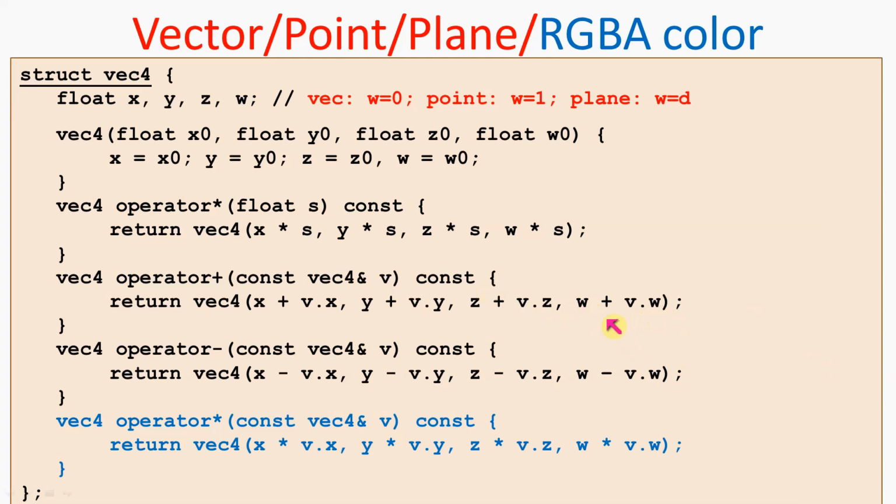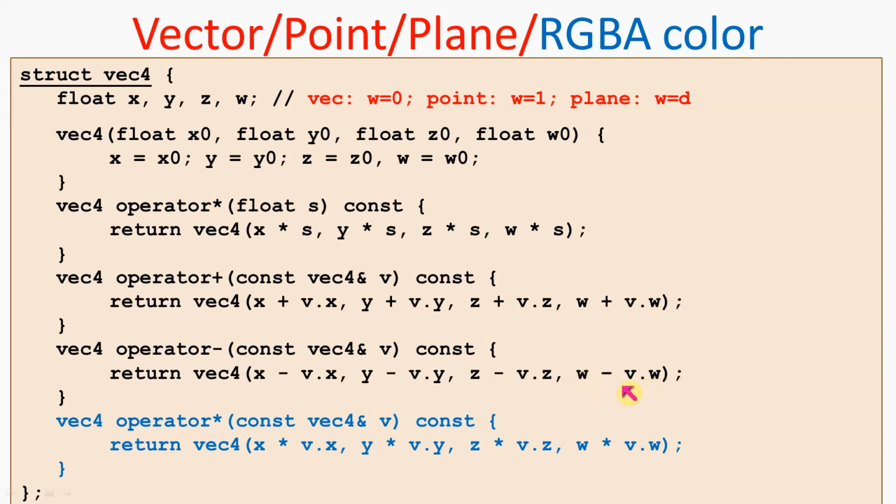When we add a point and a vector, which means the translation of the point by the vector, then the point's w coordinate is 1 and the vector's w coordinate is 0. So in the result we have a 1 value in the w coordinate, which means that the result is a point. Indeed, when we translate a point by a vector, we obtain a point.